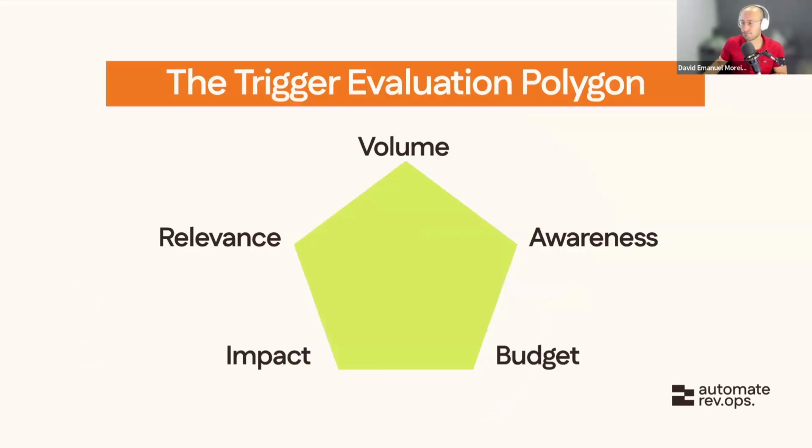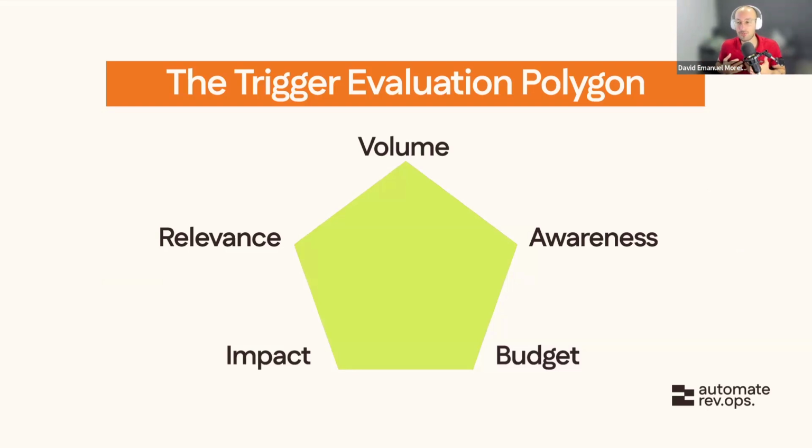All right. So how would you define if a trigger is good for you or not? We have created this trigger evaluation polygon that will help you understand if a trigger is effective for you or not. First of all, you need to see if the trigger has a low volume or a high volume.